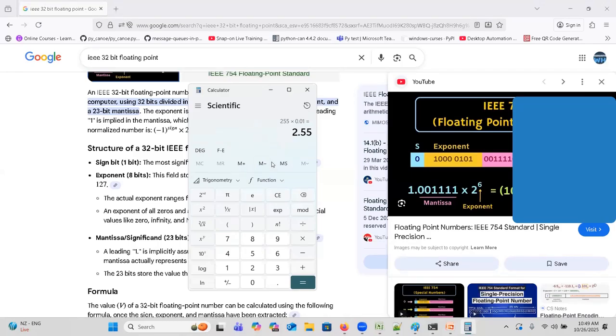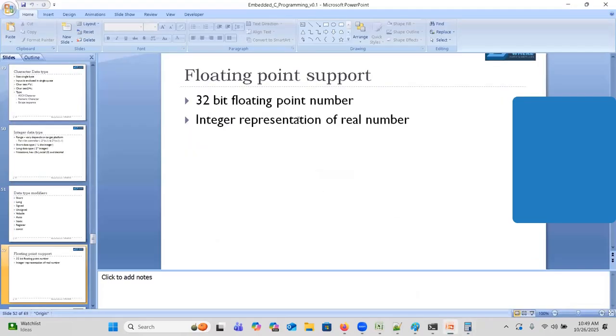At the end of the day, I am able to transmit that without any problem in the channel, maybe in the CAN bus or LIN bus, without losing my content. So I don't have any challenge in using IEEE 32-bit floating point numbers to represent it. Clear? So these are the two ways to handle real numbers that should be known to you.